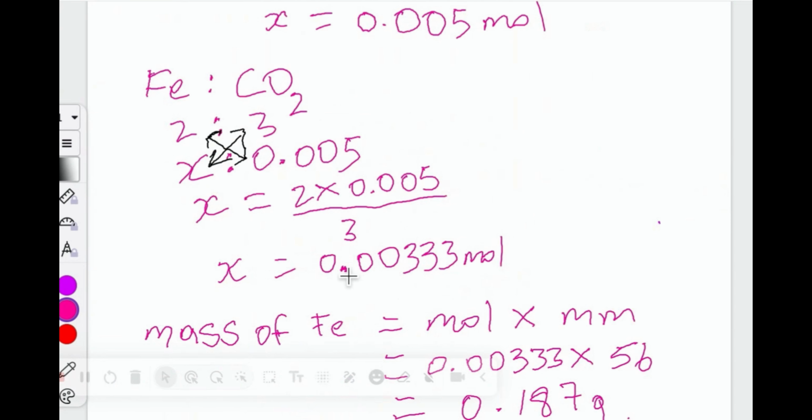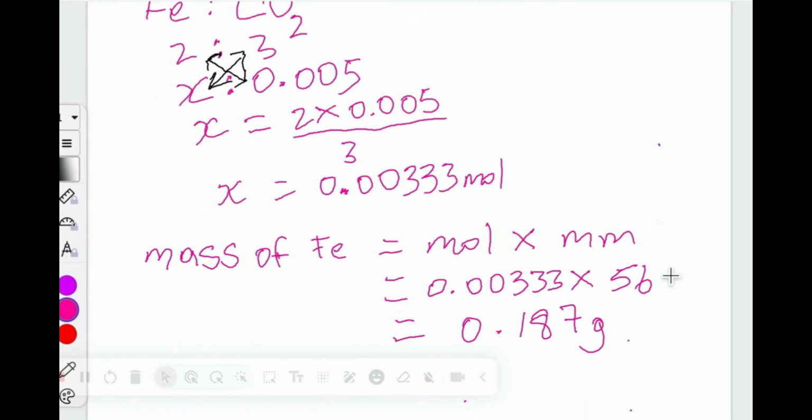Now that we have the moles of iron, we can find the mass. Mass of iron is equal to moles times molar mass. We know the moles because we just calculated that. The molar mass of iron can be found in the periodic table, and we're going to round that up to about 56.